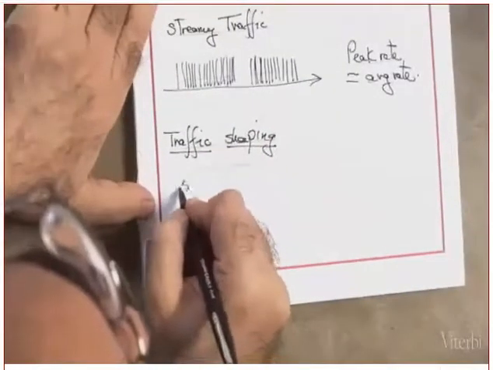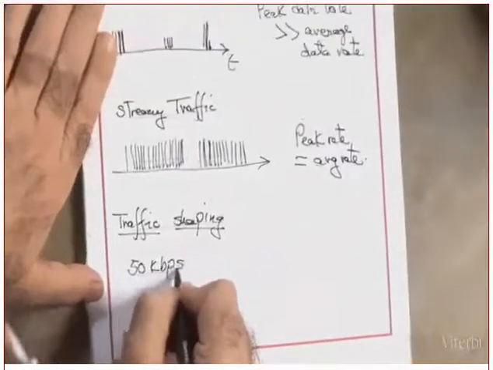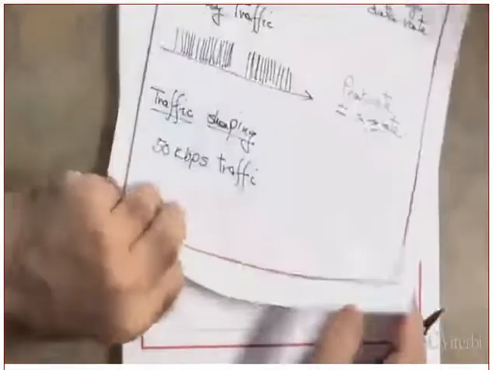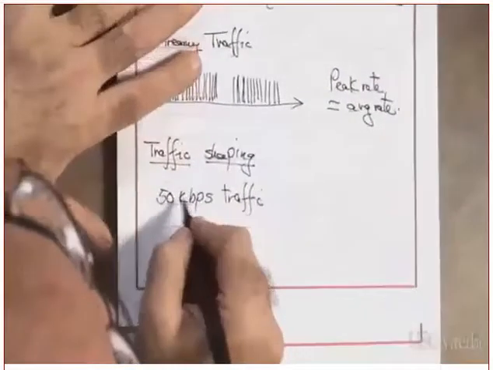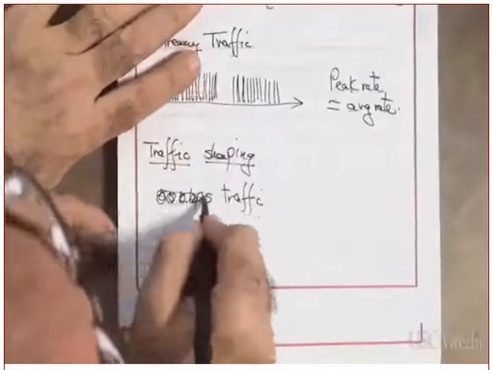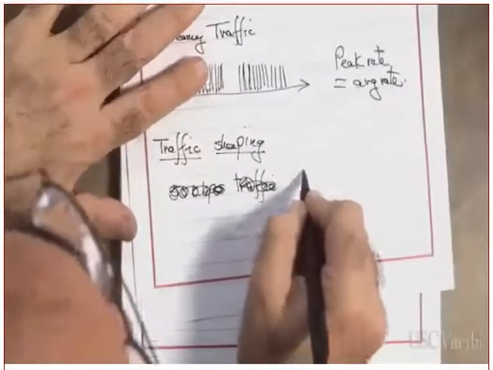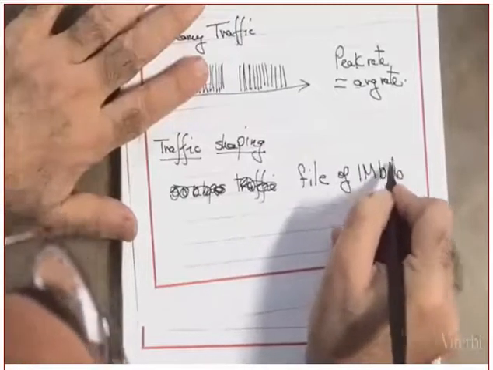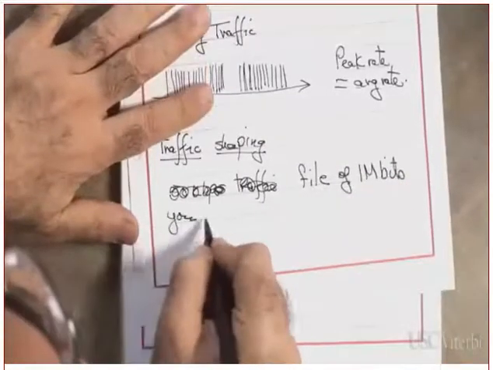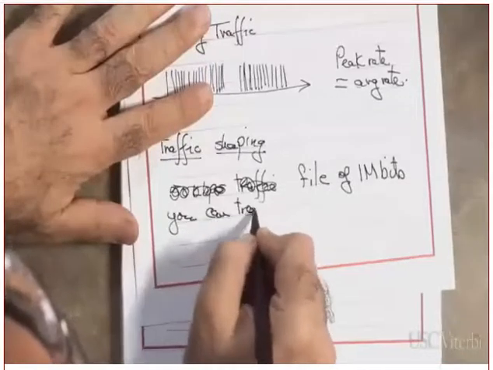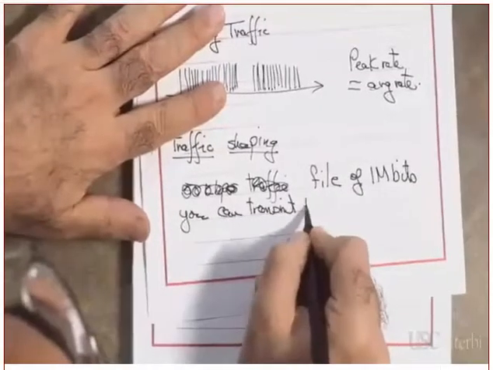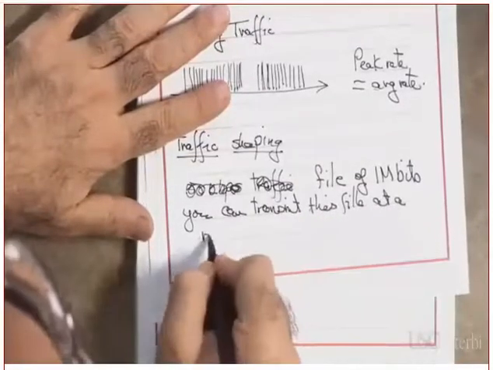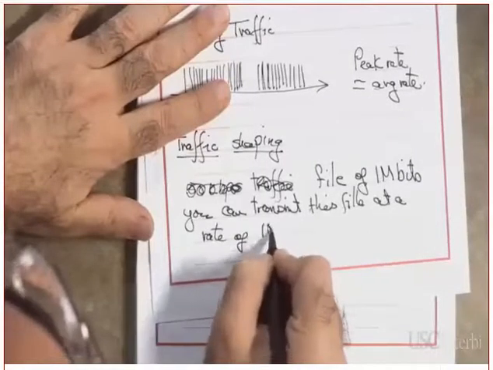Traffic shape. Let's assume that you do have 50 kilobits per second traffic. Let's assume that we do have what? A file of 1 megabits. Now you can transmit this file at a rate of 1 megabits per second.